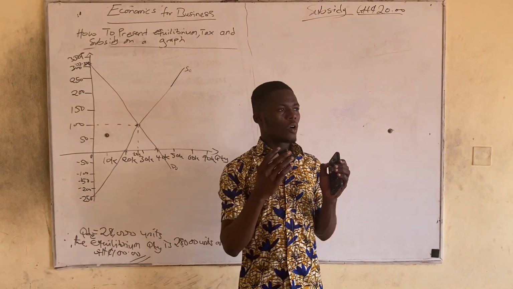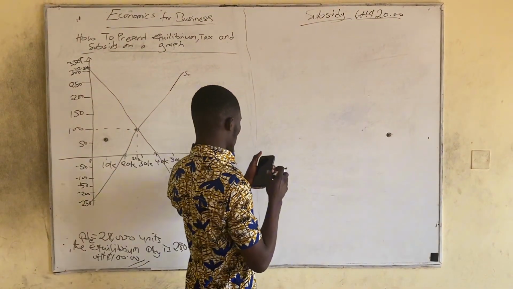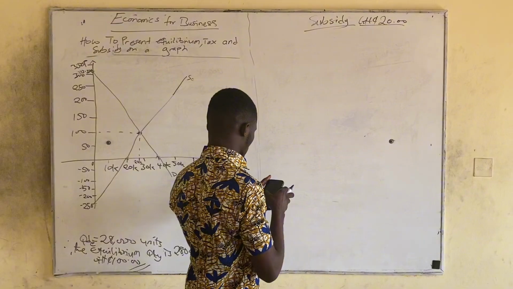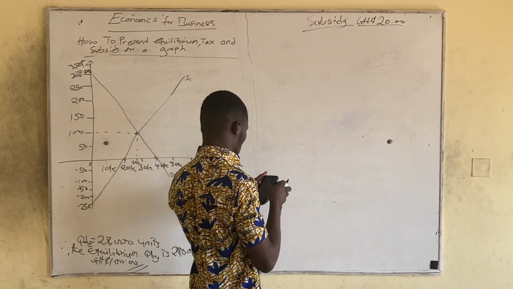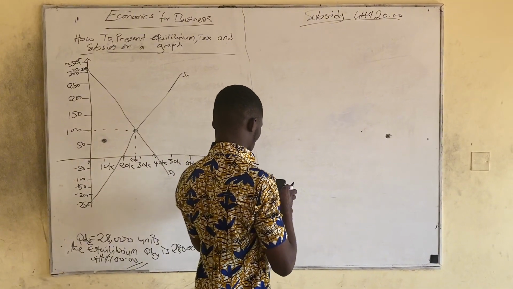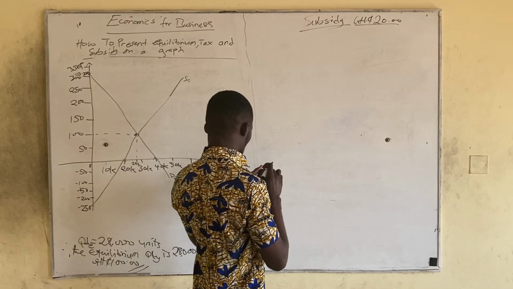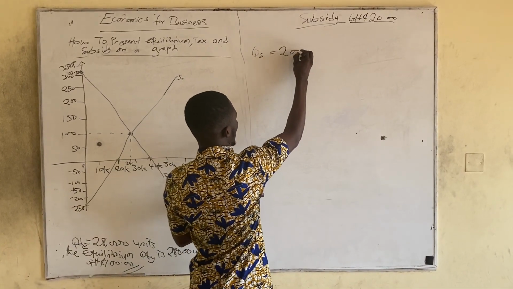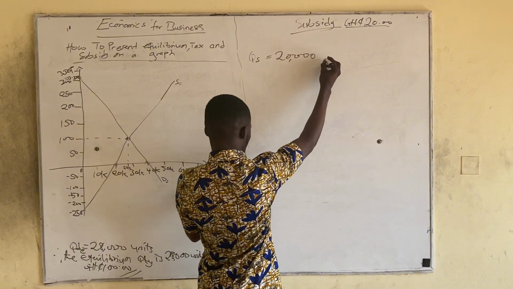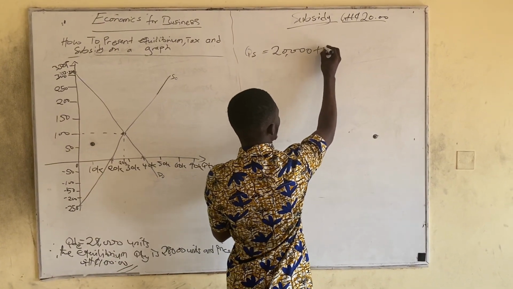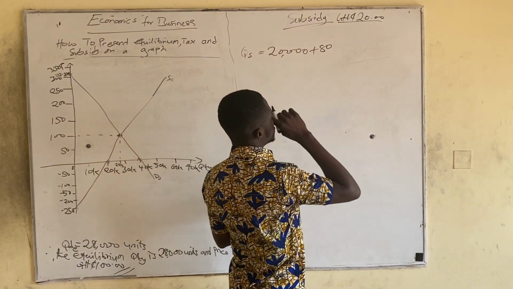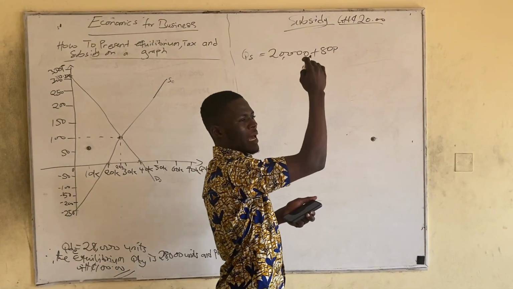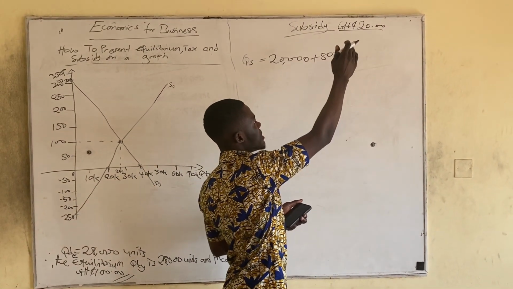Here our quantity supply was, let me see the equation again, 20,000 plus 80p. But then the government has granted them 20 cedis subsidy.